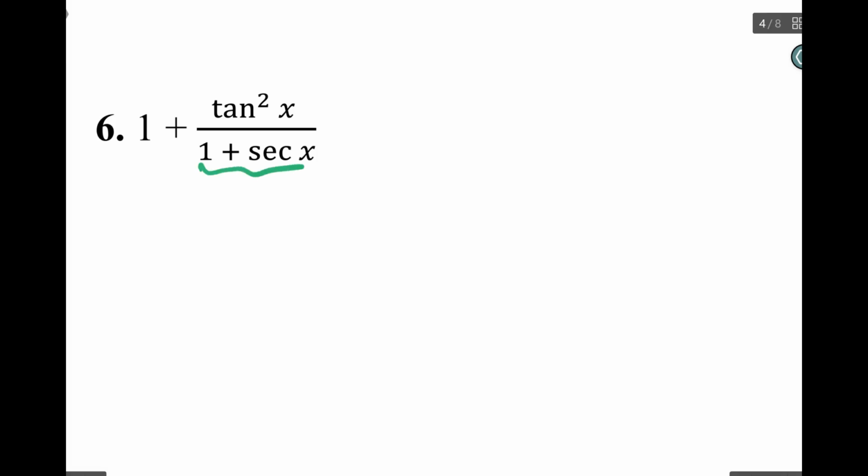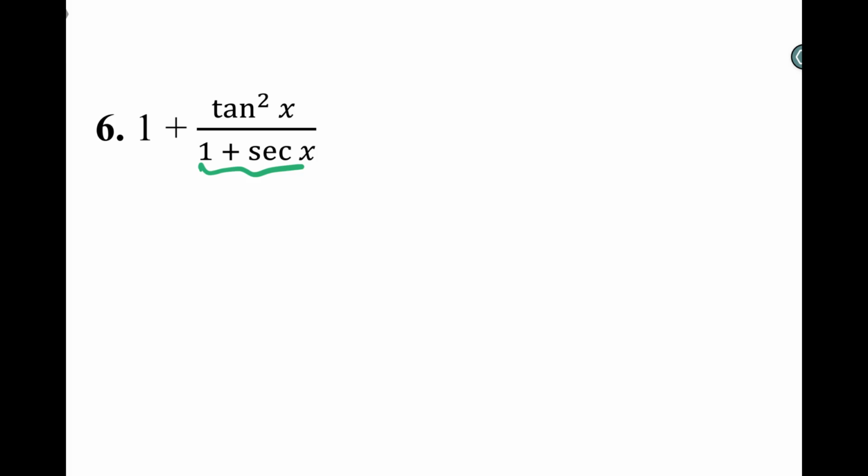Alright, so for instance, this one. Tough crowd. So the first thing I can do is, I see this 1 plus secant x. Some people are very tempted to put in tangent squared or something like that.